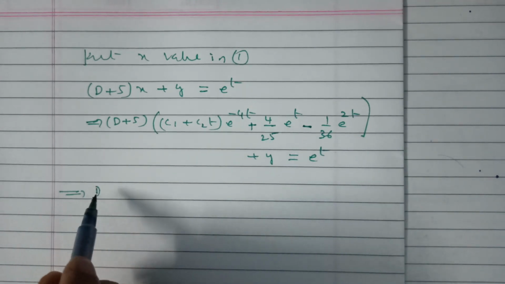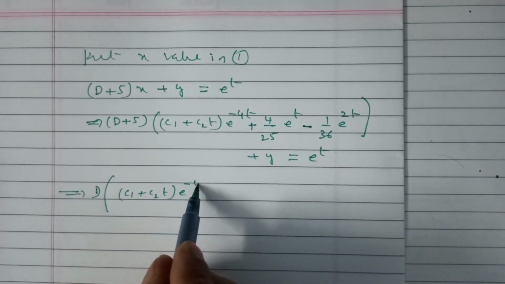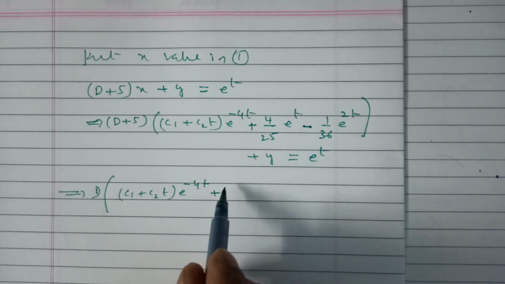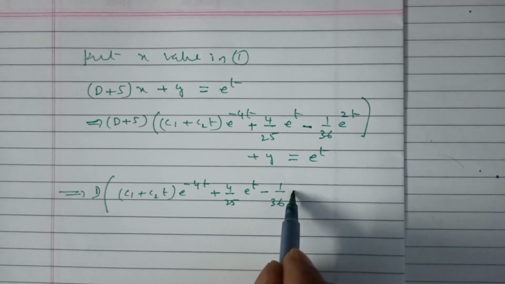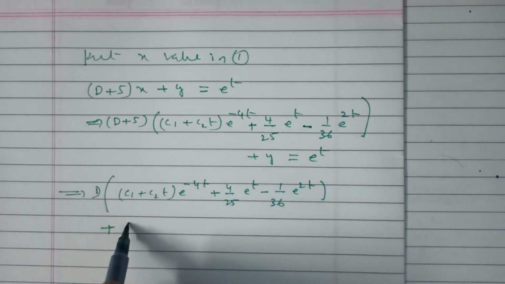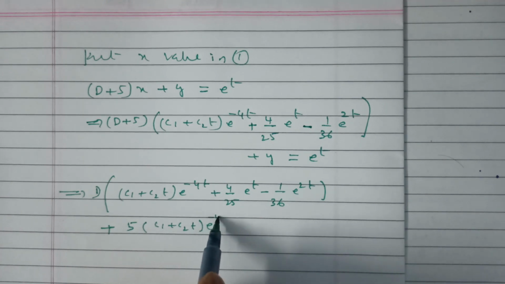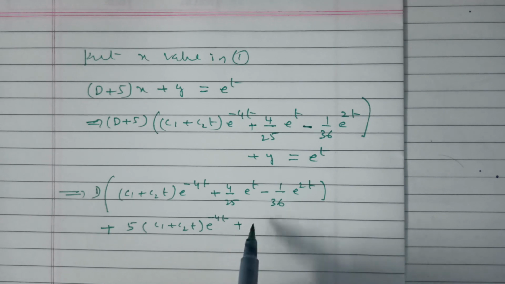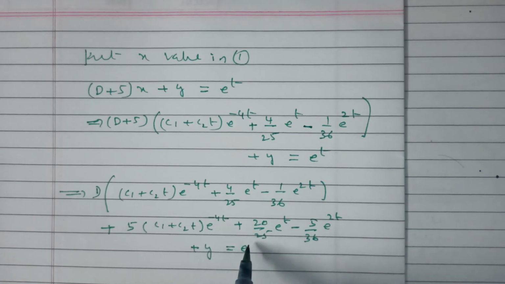It is d of c1 plus c2t into e power minus 4t plus 4 by 25 e power t minus 1 by 36 e power 2t plus 5 into all this, 5 into c1 plus c2t e power minus 4t plus 20 by 25 e power t minus 5 by 36 e power 2t plus y is equal to e power t.